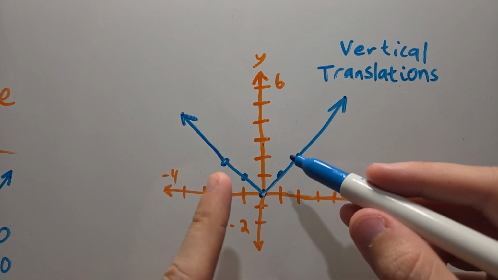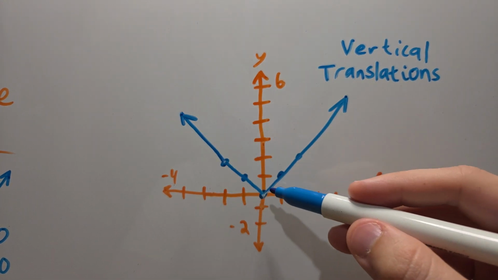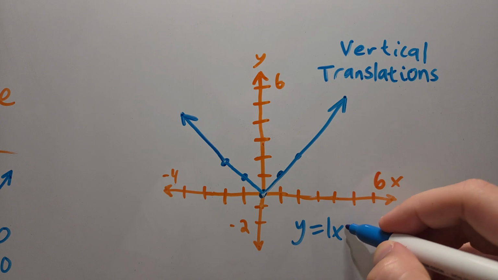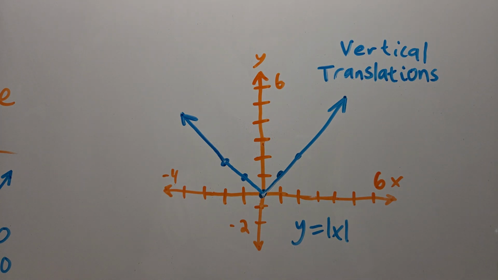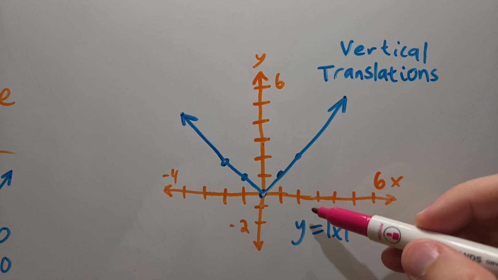Let's take a look at one where we're moving our graph up. Here we have the graph of the absolute value of x. Going to use a different color to show you a vertical translation of this graph, but shifted up.